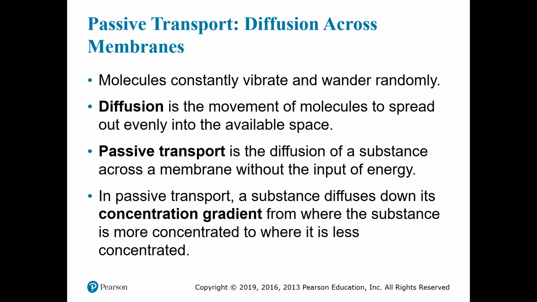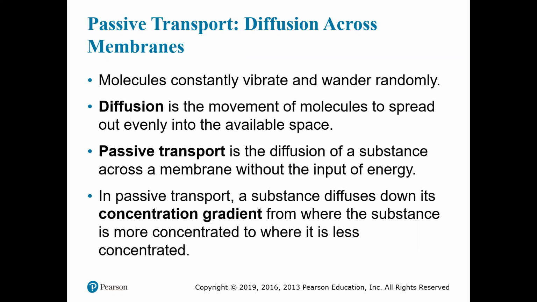This is part of the passive transportation of those molecules across that cell membrane, and this is done without any energy. The passive transport of molecules, so the diffusion of molecules, does not need any energy for that to happen.